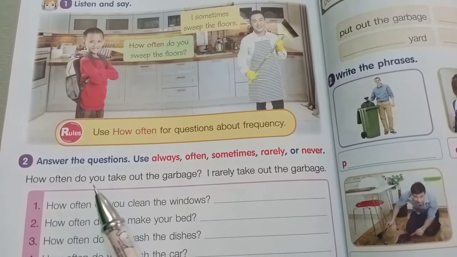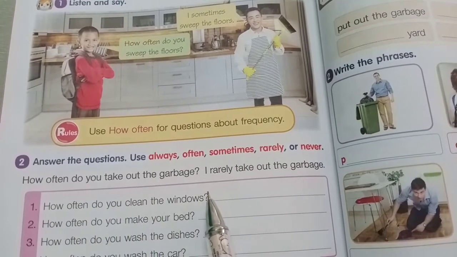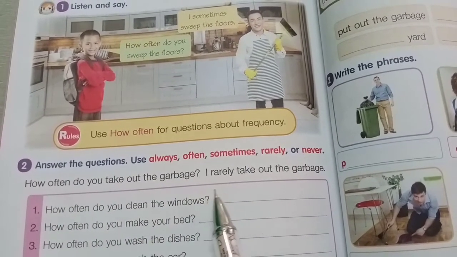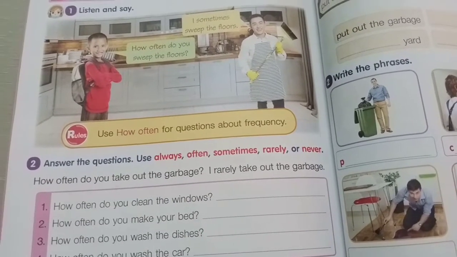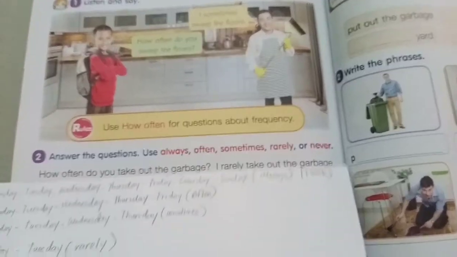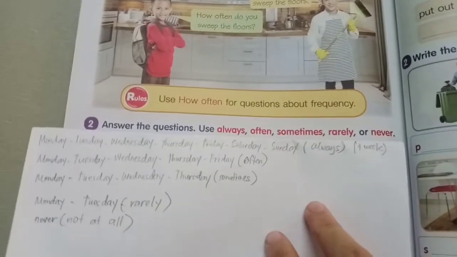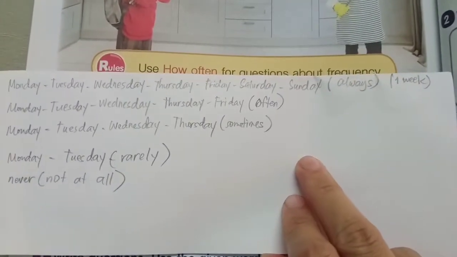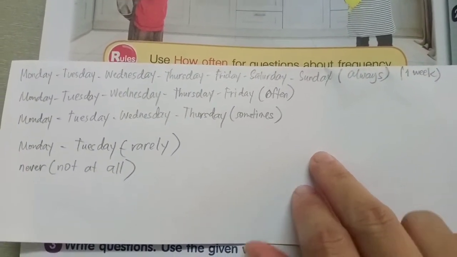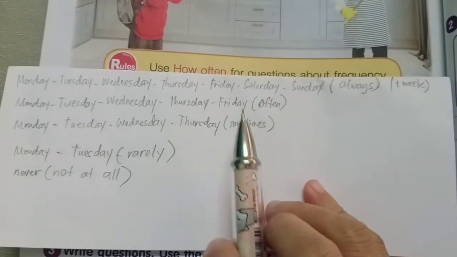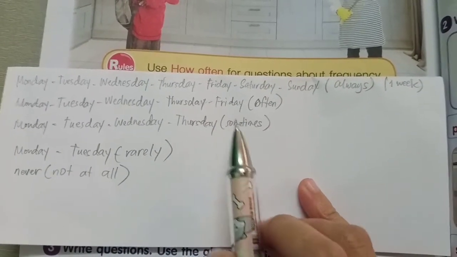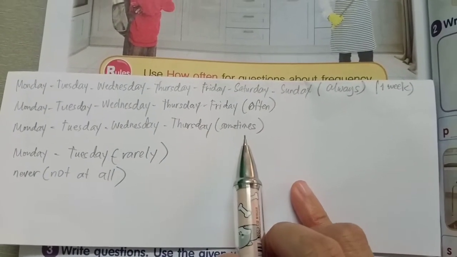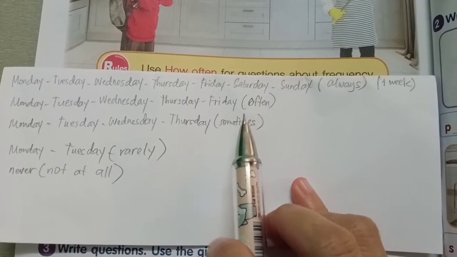How often do you take out the garbage? I rarely take out the garbage. So I write it down in here. I hope that you can see it clearly. So I'm going to make it, yeah, like that.